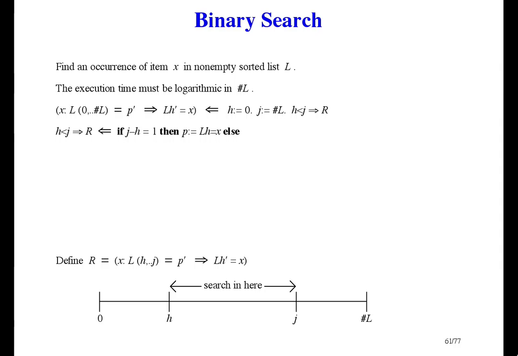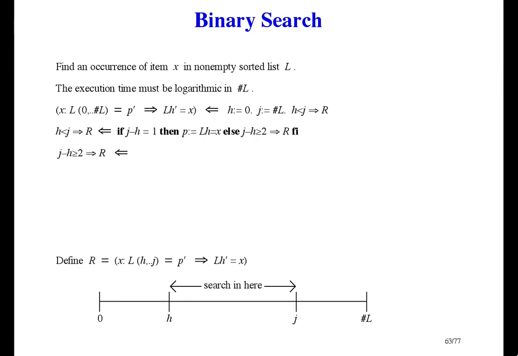Else what? We know H is less than J, so the segment is non-empty, and we just found out it isn't size 1. So we have J minus H greater than or equal to 2. And we still want to solve the problem.